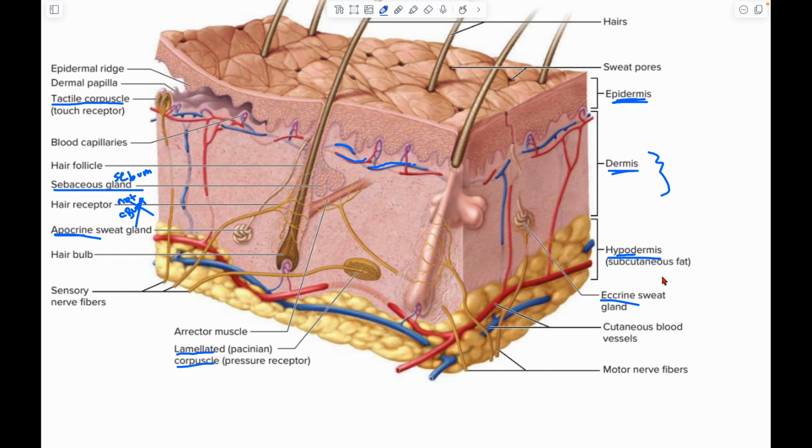On top of all these functions, the skin also plays a role in vitamin D synthesis, as previously mentioned. When we're exposed to sunlight, the cells in our epidermis start producing vitamin D, which is good for bone health.